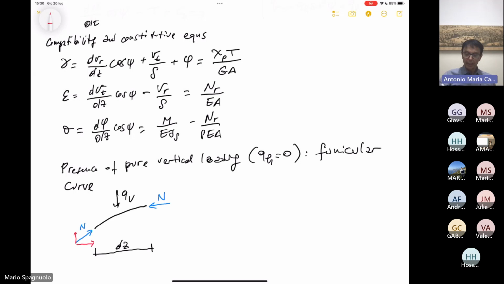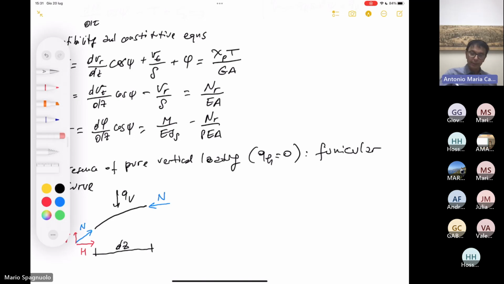We introduce the horizontal H and vertical V components. Let's assume that also at the two ends of this segment, N is not horizontal, so as not to draw a degenerate case, a limit case, a special case.